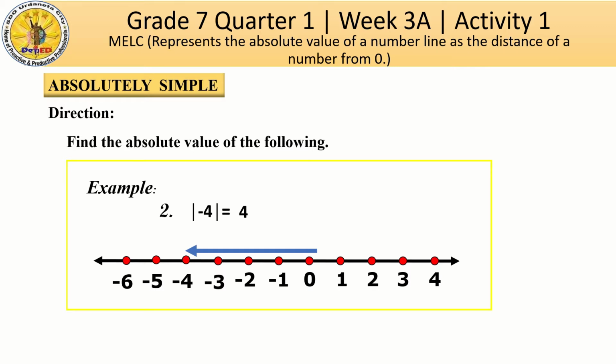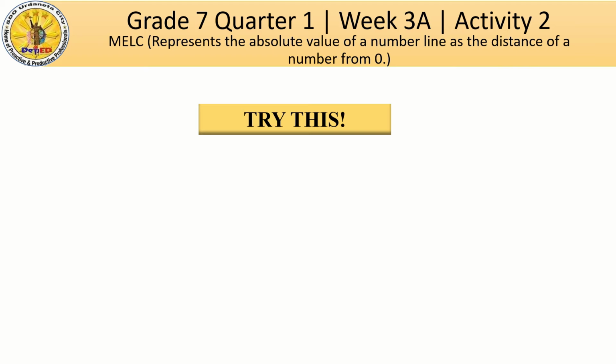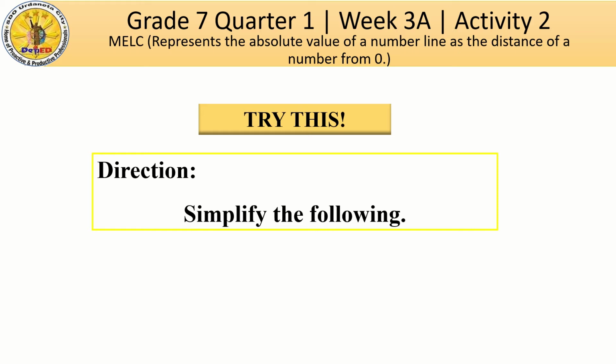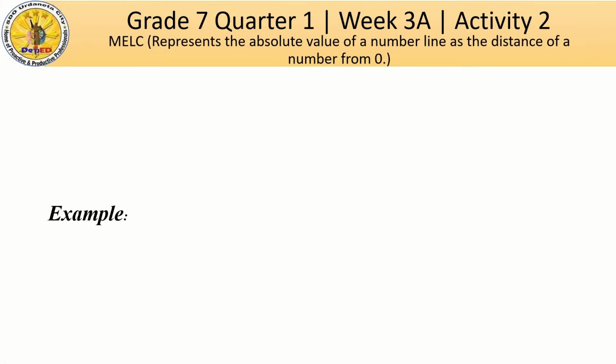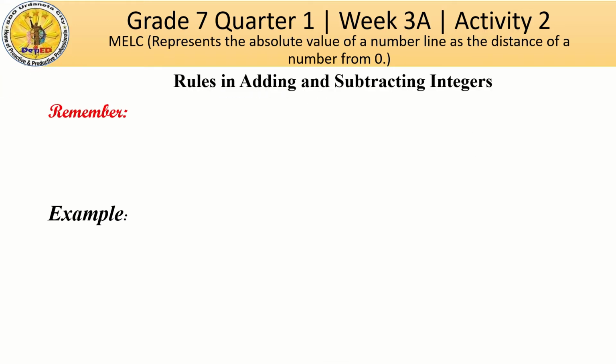Very easy, right? Let's proceed to the second activity, which is entitled Try This. We have here the direction. Simplify the following. Before we proceed to the example, we have here some reminder. So please take note of the rules in adding and subtracting integers.